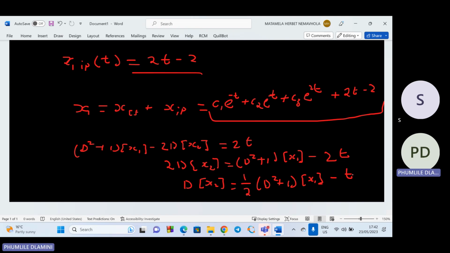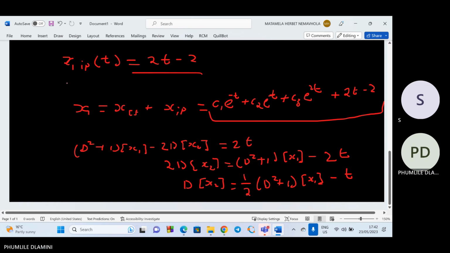Now that we have divided by 2, we can substitute the equation of x1 where there is x1 here. So I'm going to delete this.